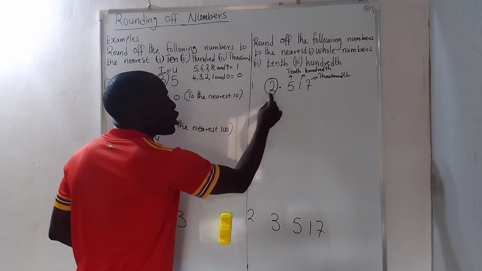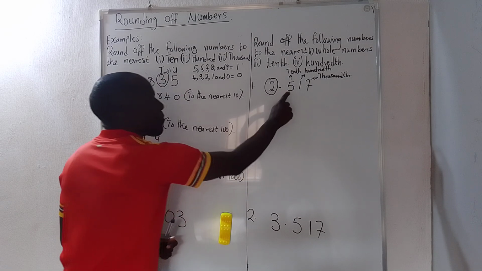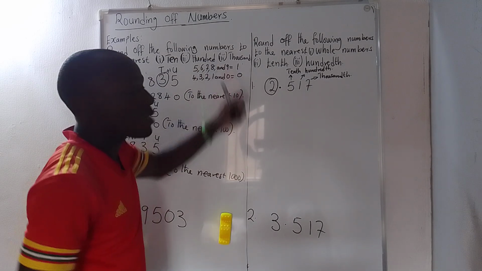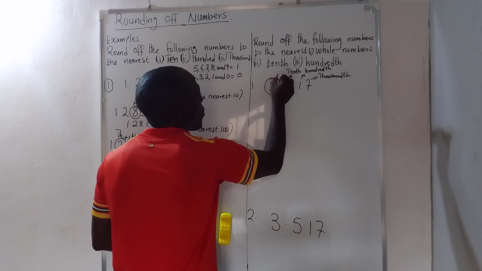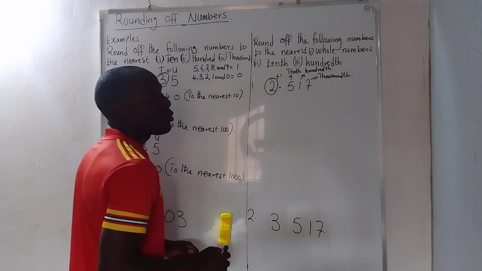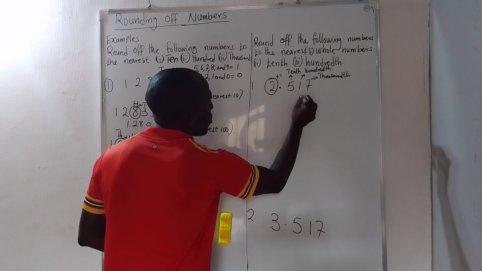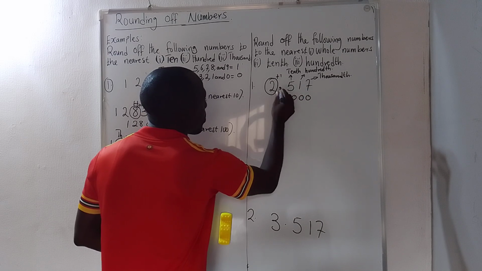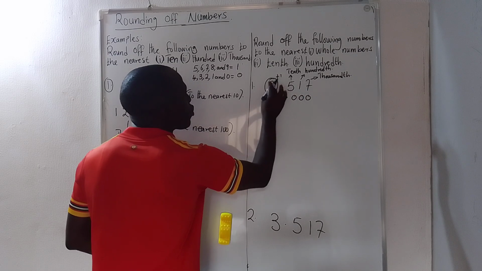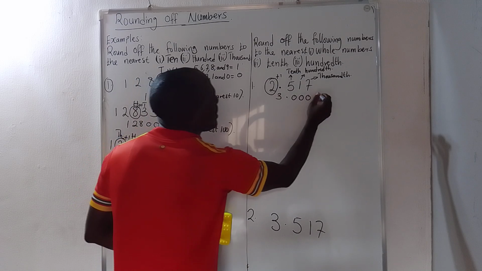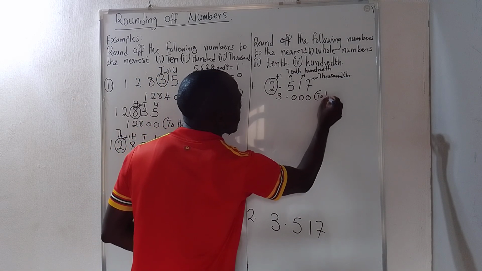The number close to the number that we circle is 5. 5 is among these numbers. Yes, we change it to plus 1. So what happened to the rest of the numbers? This 7 becomes 0, 1 becomes 0, 5 becomes 0. Bring down your point. Then 2 plus 1 is 3. This is the answer to the nearest whole number.